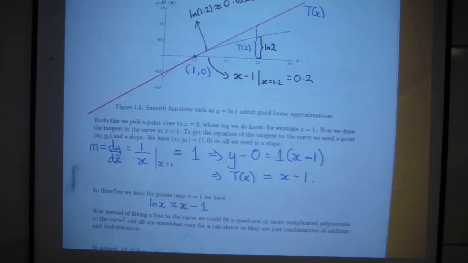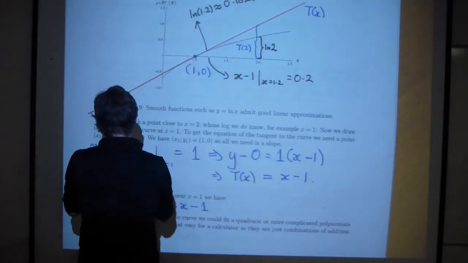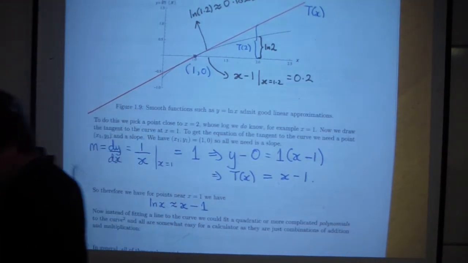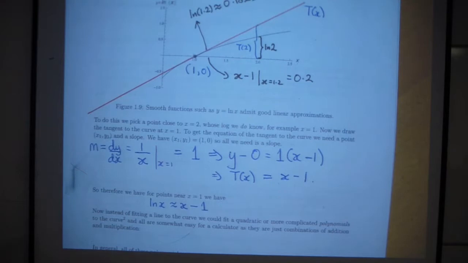You could do it because log of x satisfies the differential equation dy/dx = 1/x. So you can turn the function into a differential equation, and you could use Euler's method to do this. But what we need for the analysis of the error of Euler's method is a different approach.